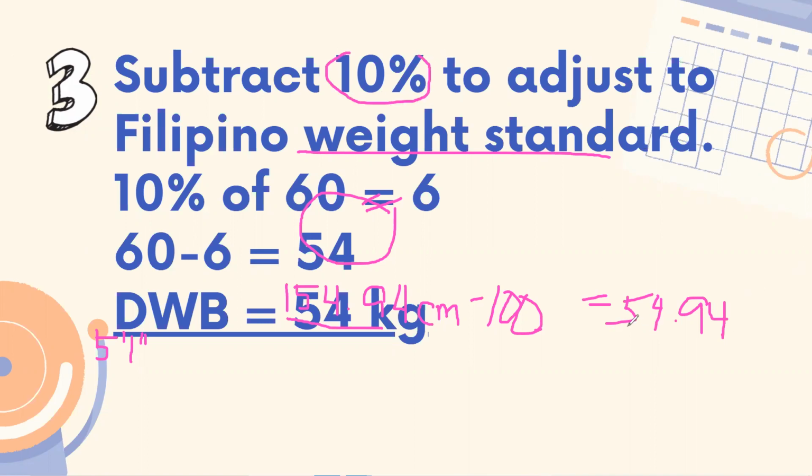So 10% of 54.94, let's make sure of it, 54.94 times 0.10 is 5.494.